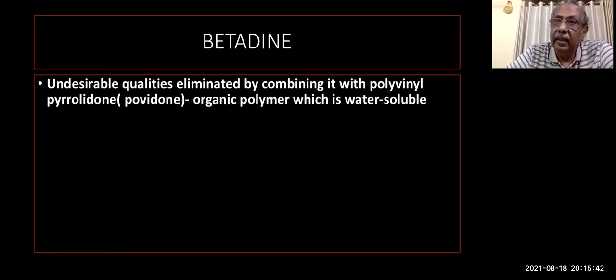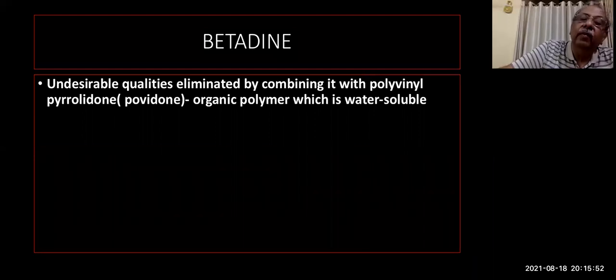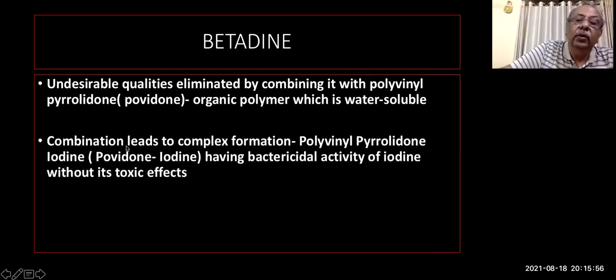These undesirable qualities of iodine were eliminated by adding polyvinyl pyrrolidone or povidone, which is an organic polymer that is water soluble. The combination leads to a complex formation, polyvinyl pyrrolidone iodine or povidone iodine, having the bactericidal activities of iodine without any of the bad effects.